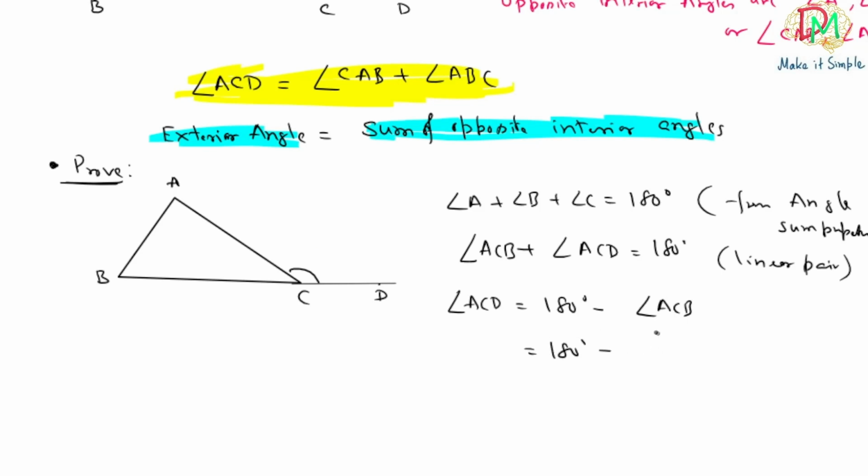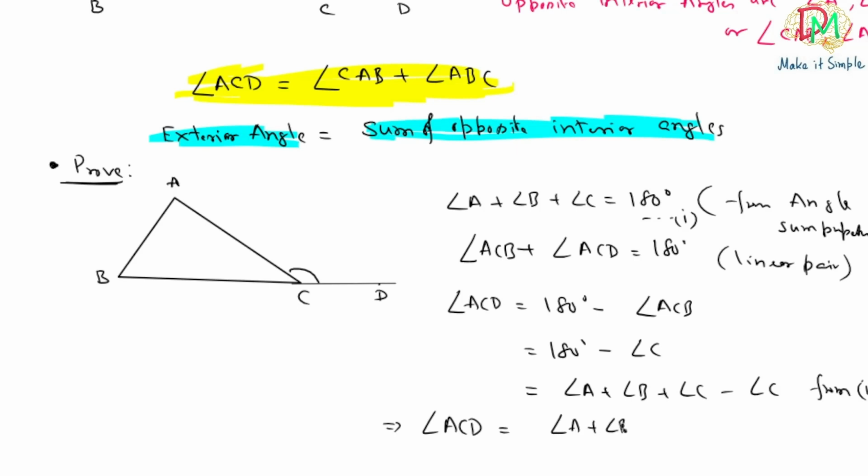So 180 degrees minus angle ACB is equal to angle A plus angle B, from equation 1, where 180 degrees is equal to angle A plus angle B plus angle C. So from here we can write ACD is equal to angle A plus angle B, or angle CAB plus angle ABC.